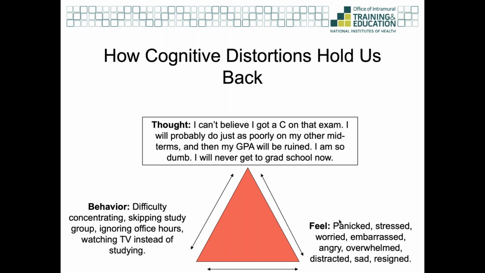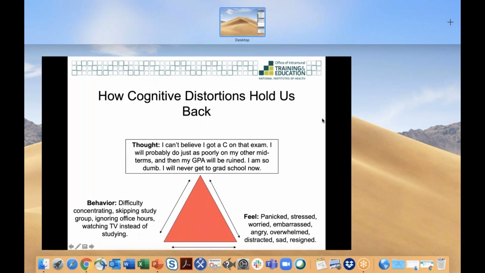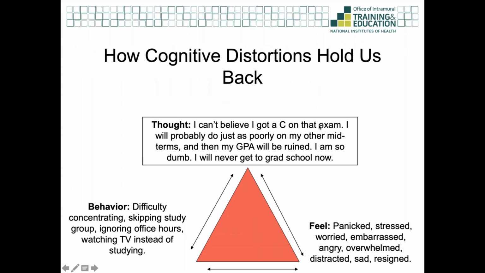The thing is that those negative thoughts, and there are many cognitive distortions within that short little story that this person told, are going to lead toward all kinds of negative feelings, like panic, stress, worry, embarrassment, shame maybe, anger, feelings of being overwhelmed, distracted, sad, resigned, hopeless.